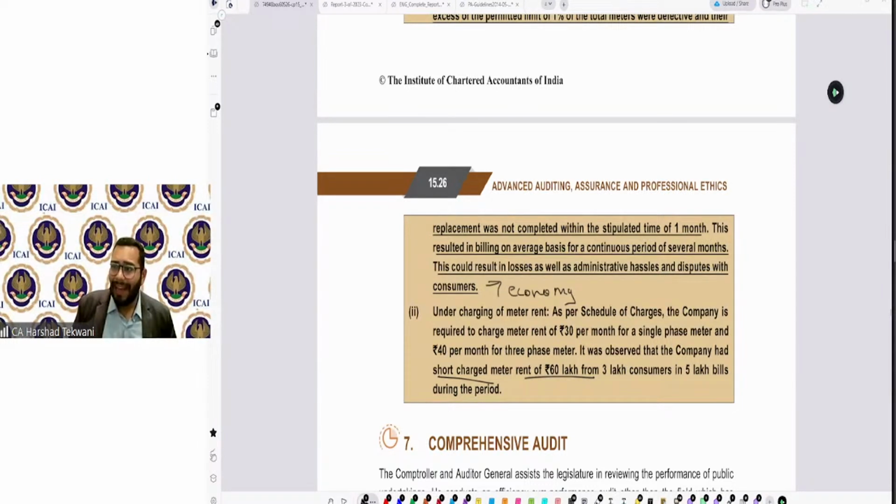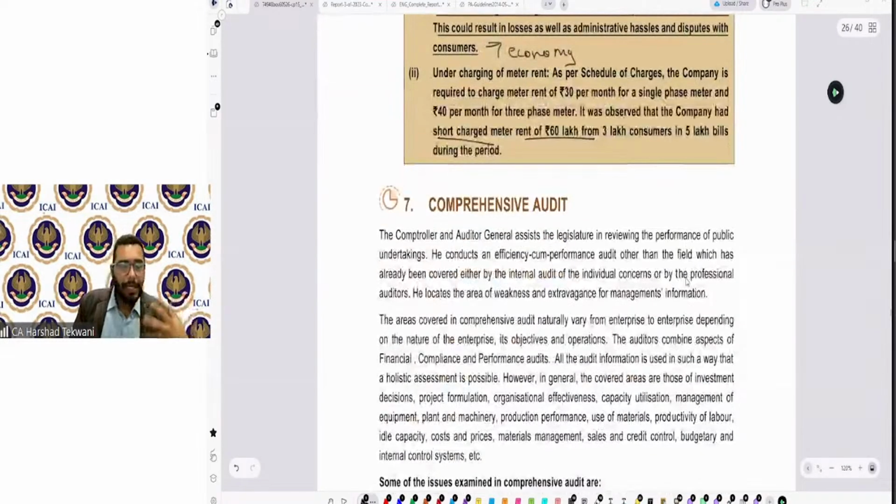Now, the next type of audit that I want to discuss is of a combined nature of all. It's a comprehensive audit. It will include performance, it will include efficiency, it may include compliance.